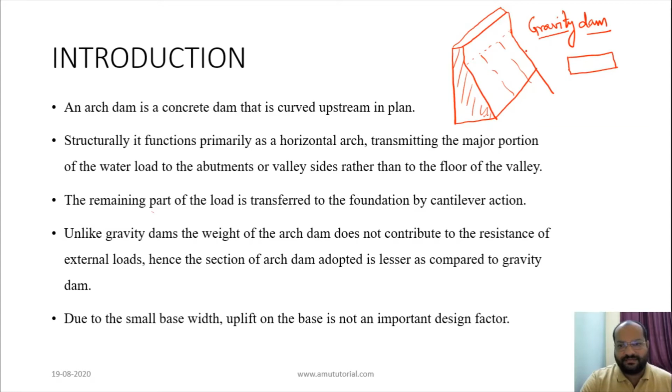What is a gravity dam? Just to give you a brief knowledge about a gravity dam: a gravity dam is a type of dam where the stabilizing force is only the weight of the dam. So this is the typical section.